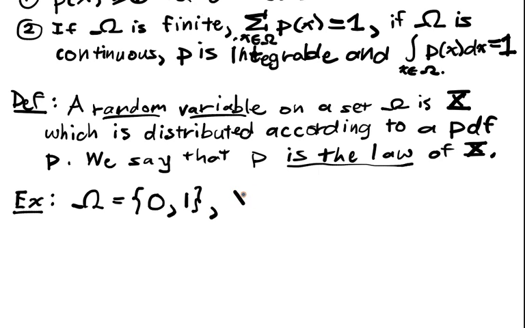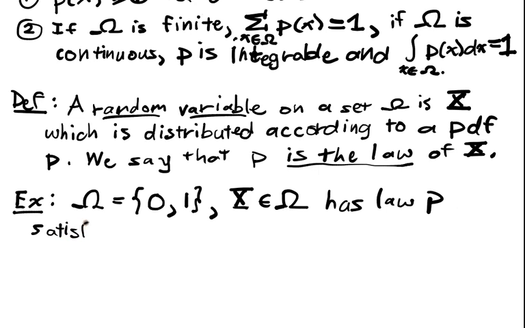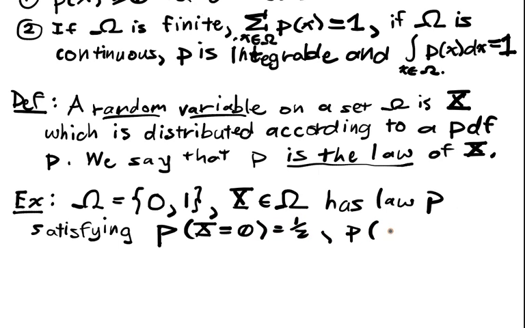And we can say that x, a random variable on omega, has law p satisfying: the probability that x is equal to 0 is equal to 1/2, and the probability that x is equal to 1 is 1/2.